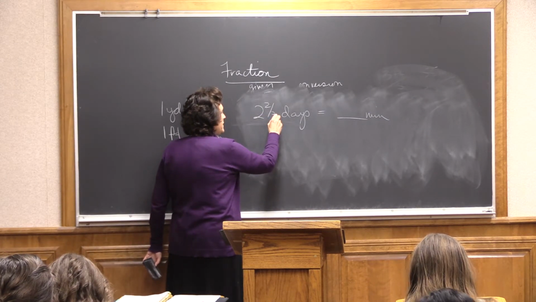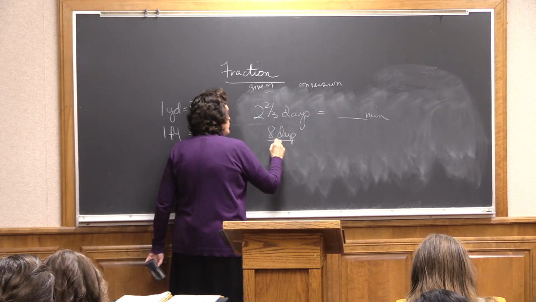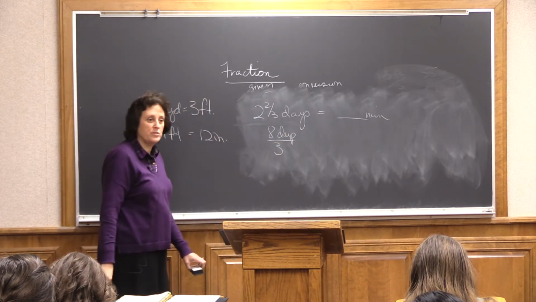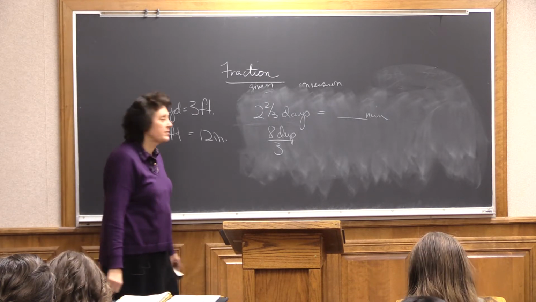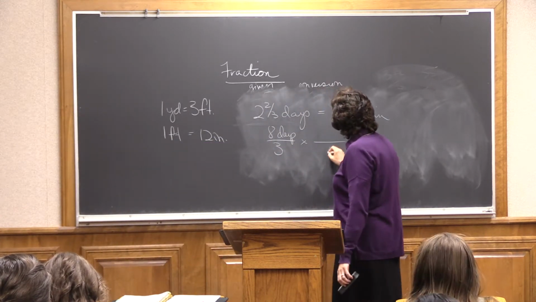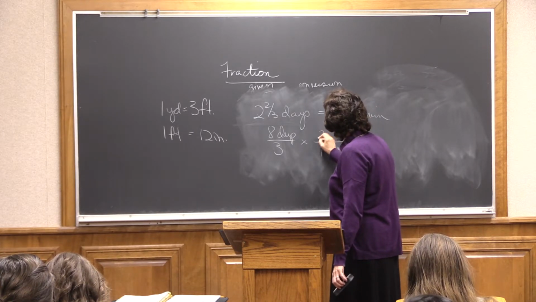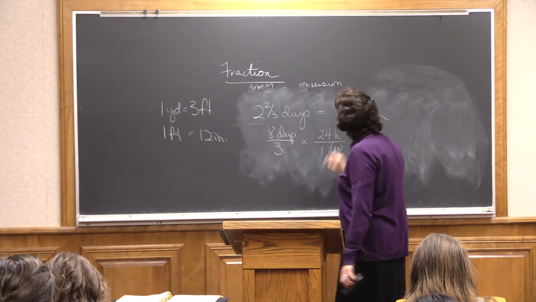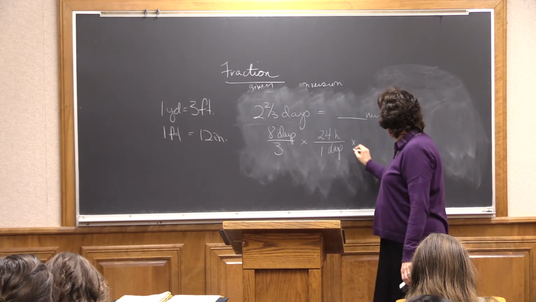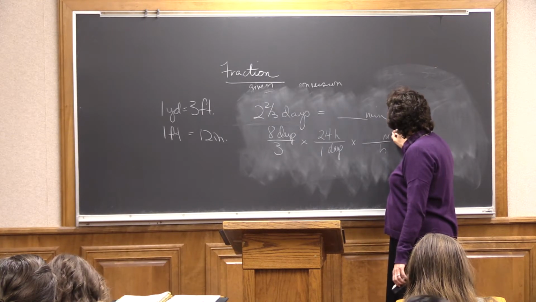This is going to be 8 days over 3. 2 2/3 is 8/3. Then I'm going to set it up to how many hours? First, I'm going to get rid of days: 1 day is 24 hours. And then I'm going to get rid of hours and get it to the minutes, the unit that I want.